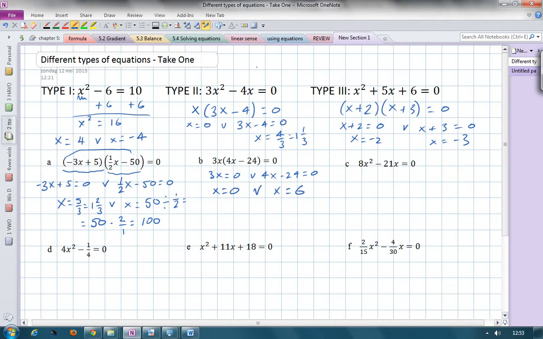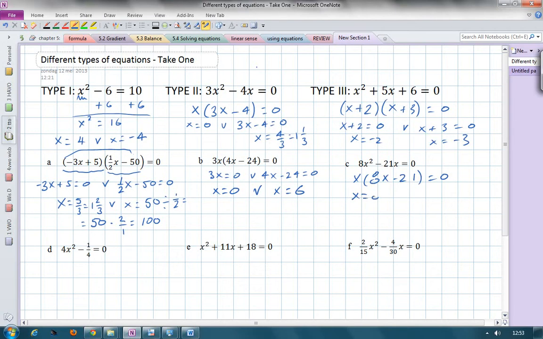So now I have c, 8x squared minus 21x. Looking at it, I've got an x squared term, an x term, no constant added. In other words, it's a type 2 equation. How do I solve this type? By factoring out an x. So I get x times 8x minus 21 is equal to 0.